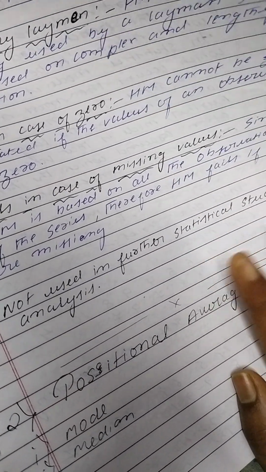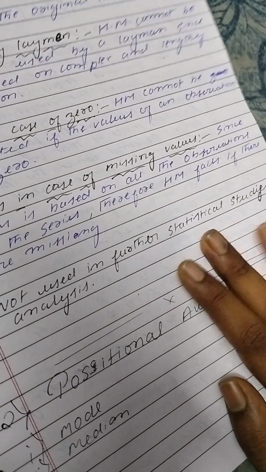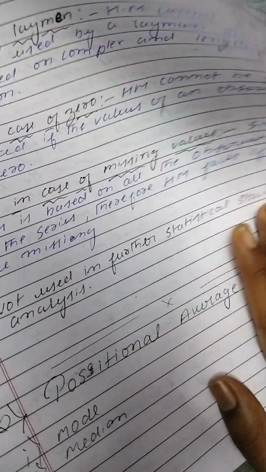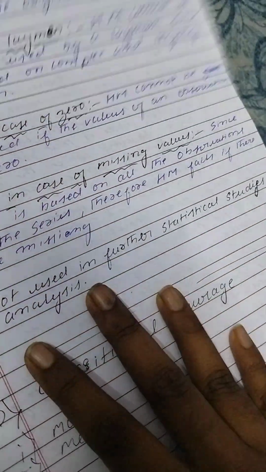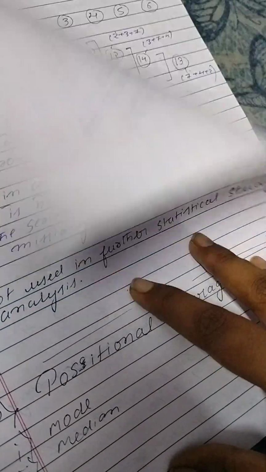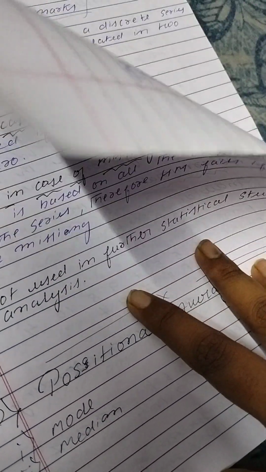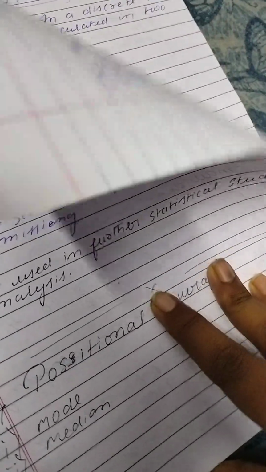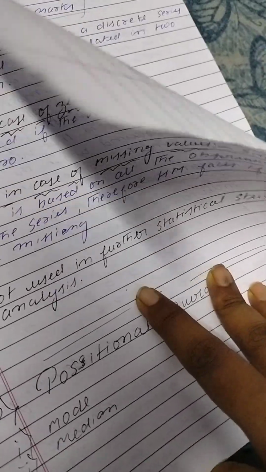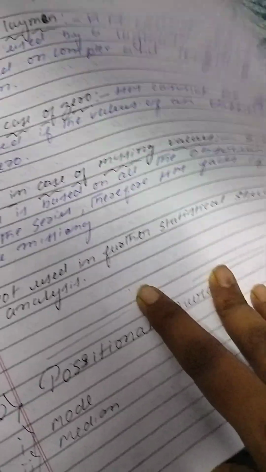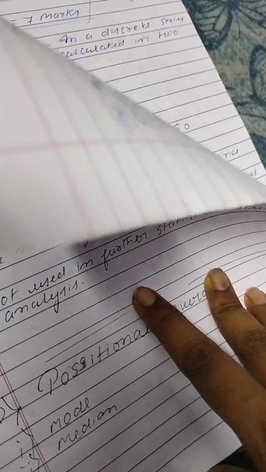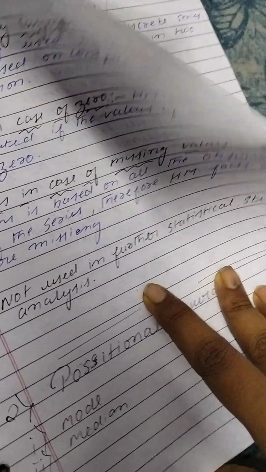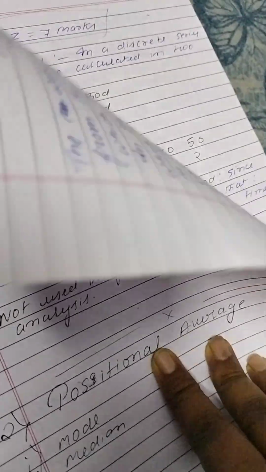Let me give you some information: in further analysis, arithmetic mean will be applicable rather than geometric mean or harmonic mean, because it is easy and the further analysis is kind of complex. That is the reason why harmonic mean will not be applicable.